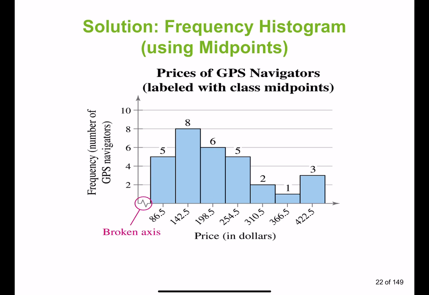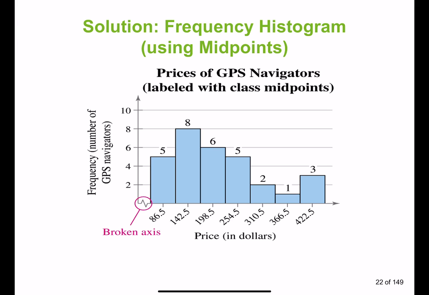So here we have our frequency distribution histogram, and this histogram is using midpoint. Why are we mentioning using midpoint? Because we will see the same histogram can use class boundaries also.